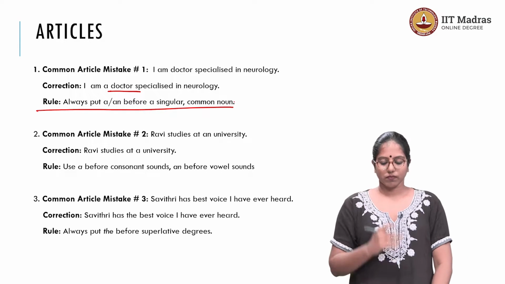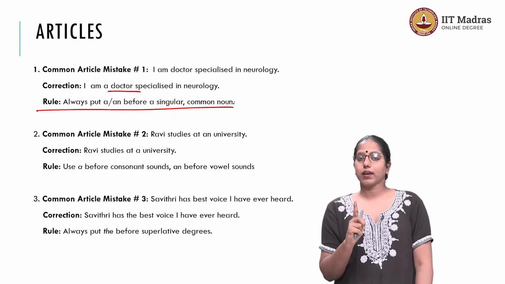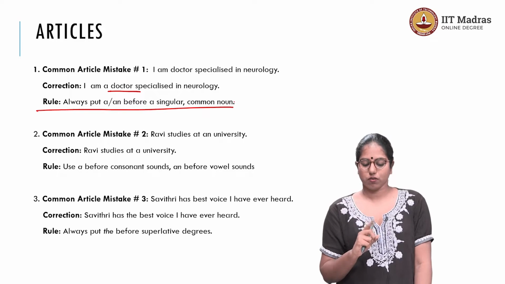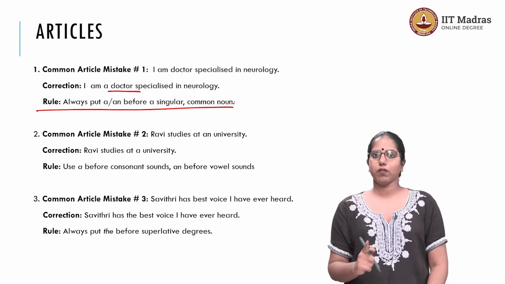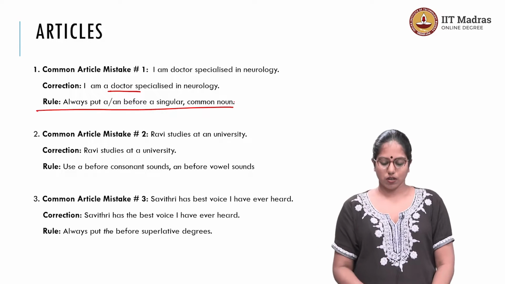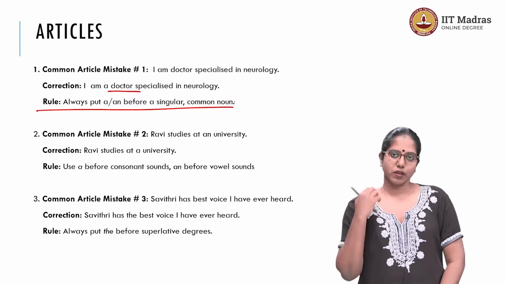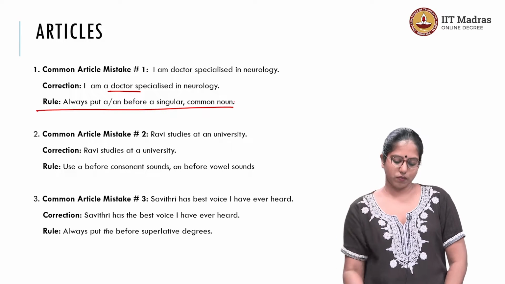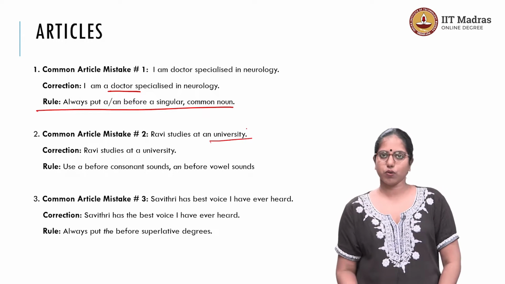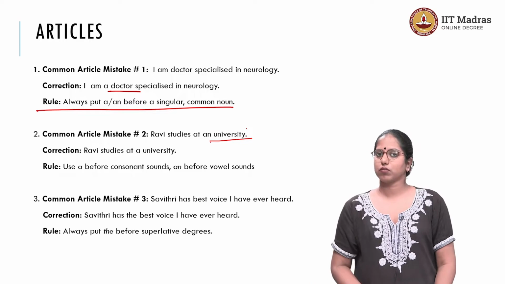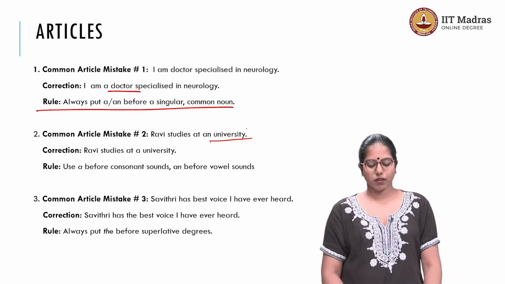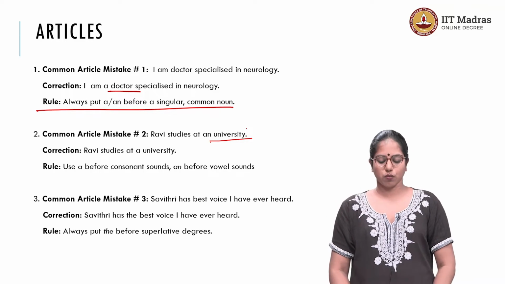So here, please don't go by the vowel letters. If you go by vowel letters, you will get confused. The general rule that we have studied in school is to see if the word starts with A, E, I, O, U. If that's the case, you use an before that, right? But that's not the right way to look at it.